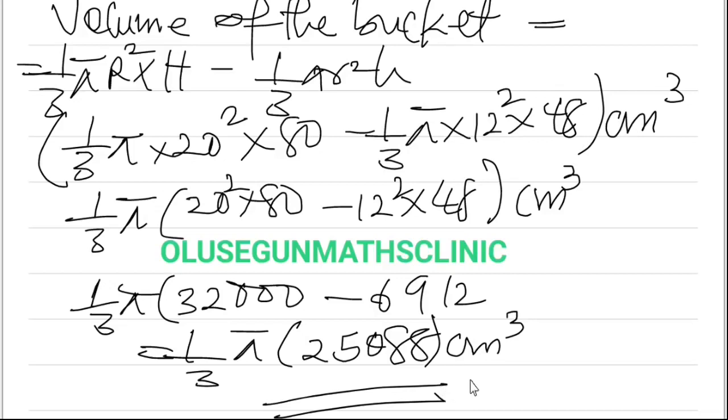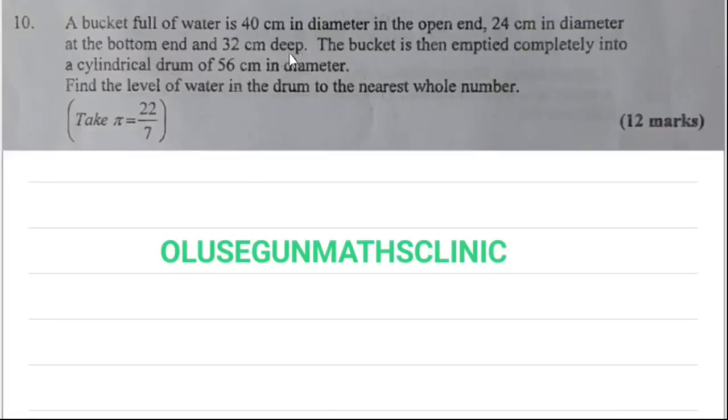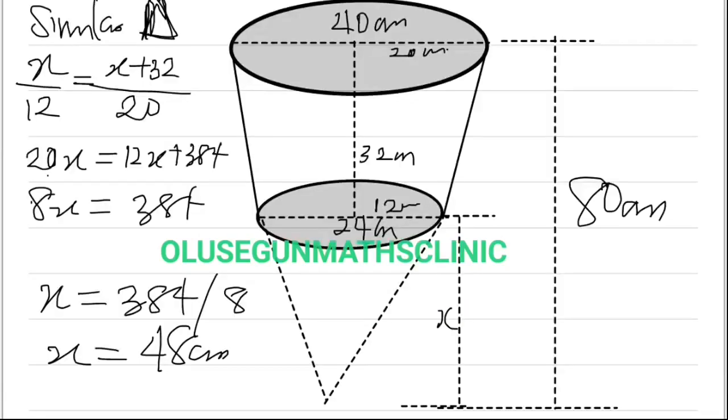So this is the answer, but we are still going to use it because the volume of the bucket must be equal to the volume of the cylinder. Why? Because they turned the water inside the bucket into the cylindrical drum. Let's read the question again. It said the bucket is then emptied completely into a cylindrical drum of 56 diameter, which gives us a radius of 28 centimeters.